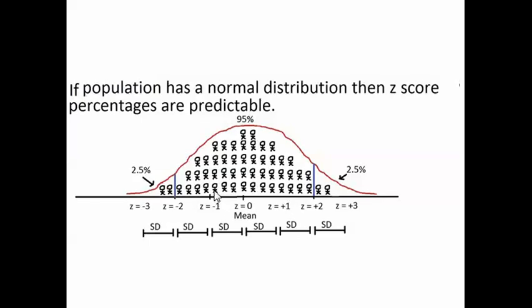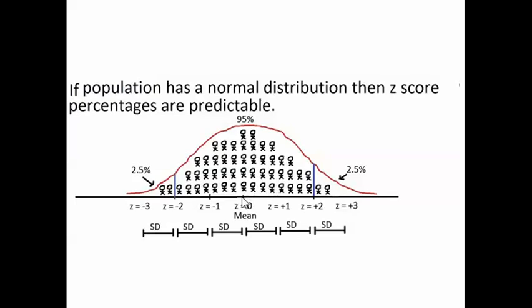So 85 is -1, and 115 is +1. Since IQ scores follow a normal distribution, we know that 68% of the population falls between 85 and 115, because, like I said, when a population is normal, 68% of the population fall between -1 and +1.